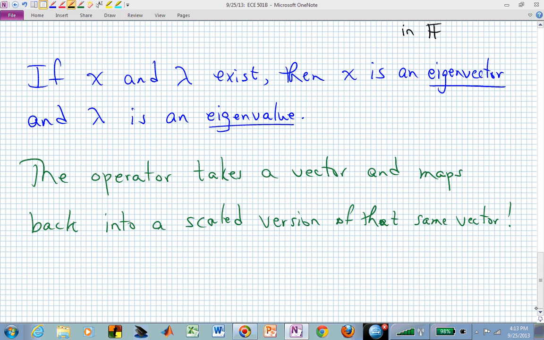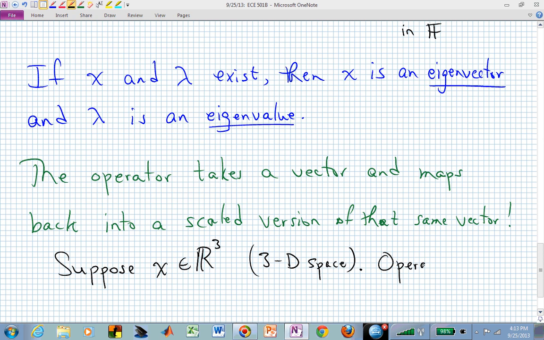Or what I was trying to get you to visualize, suppose that this vector x is an element of R3. Now you could be thinking XYZ, this three-dimensional space.